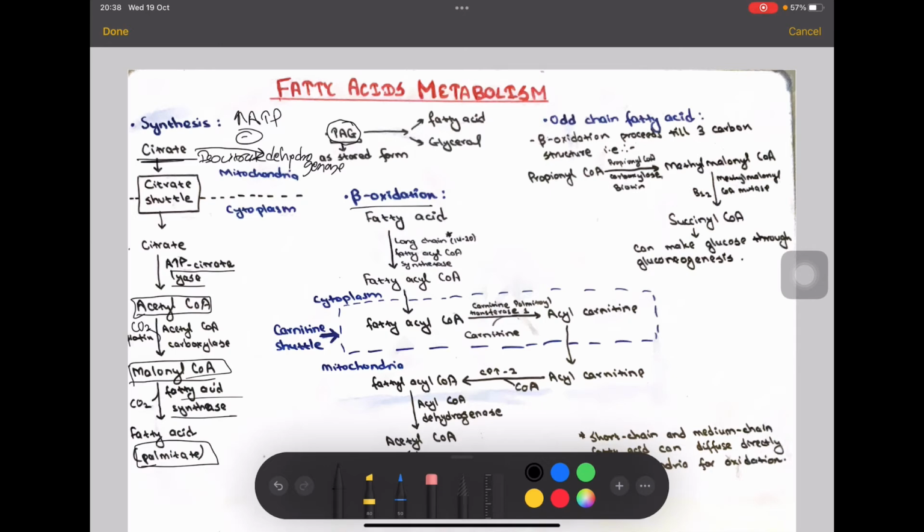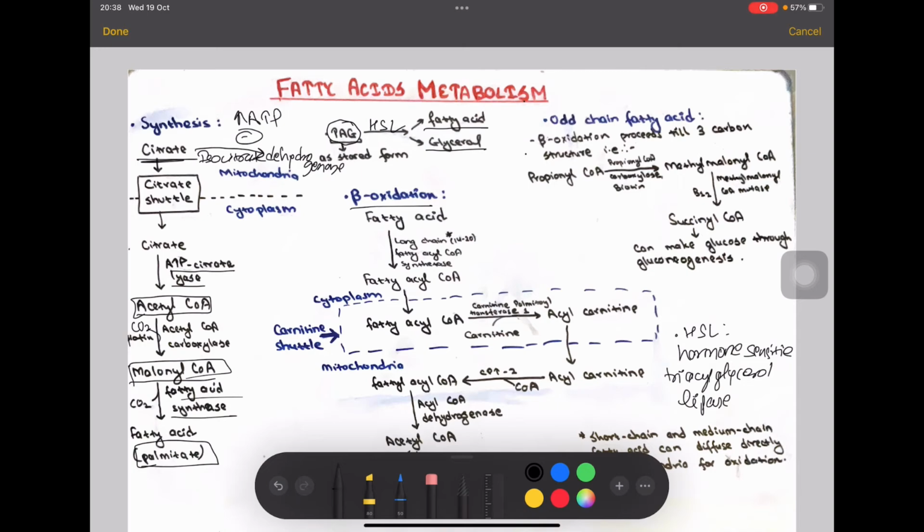Triacylglycerides can be broken down into fatty acids and glycerol by the enzyme HSL, hormone sensitive triacylglycerol lipase. This enzyme is activated by glucagon, and also when the insulin level is very low, and it converts triacylglycerides into fatty acids and glycerol.